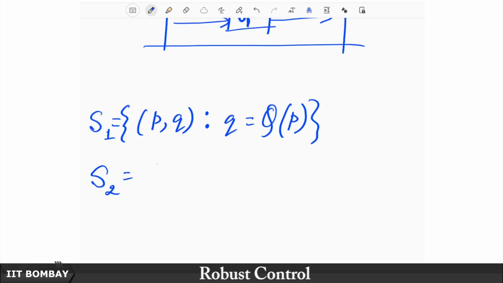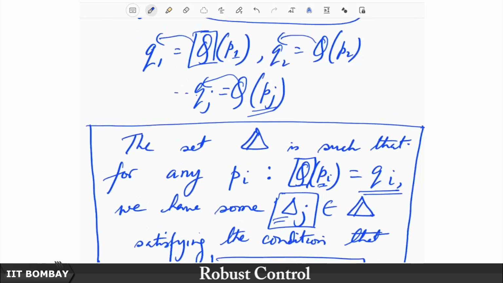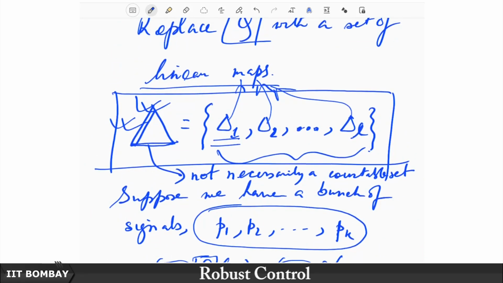How is S2 defined? S2 is likewise a set of two tuples of signals, ordered pairs, such that there exists, very important, some delta belonging to big delta. Remember, I have gotten rid of the subscript here, because the subscript might give you the false notion that it is enumerable or countable.